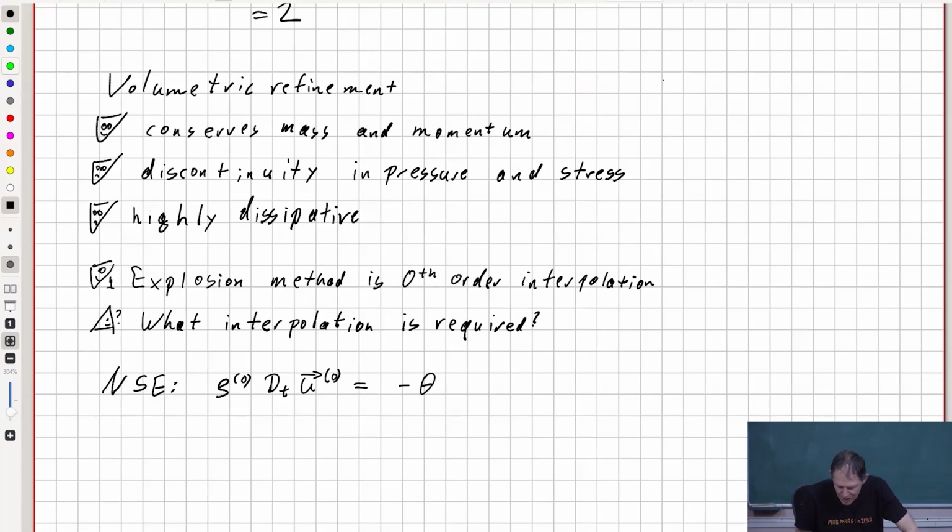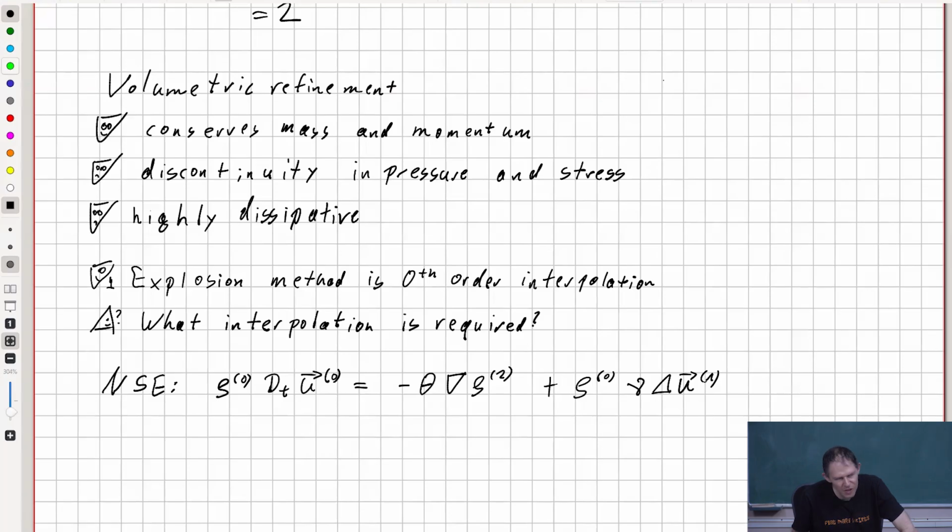On the right-hand side we have theta times the gradient of the second order of rho, plus the 0 order of rho times viscosity times the Laplace operator on the first order of u.